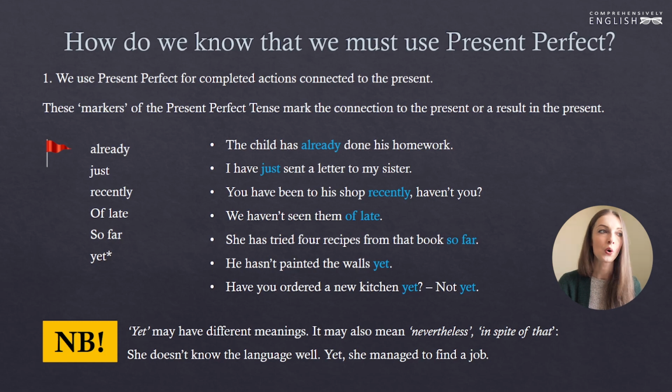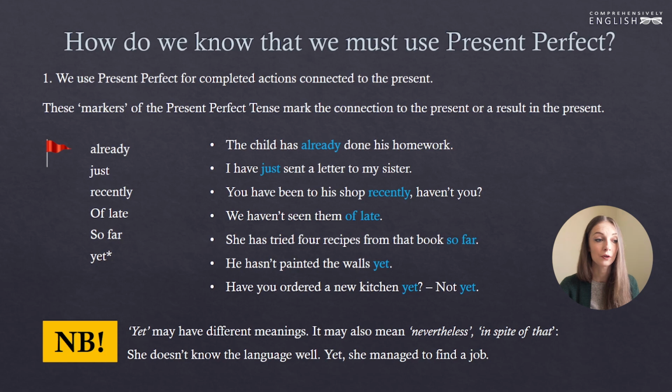How do we know that we must use the present perfect tense? So once again, it expresses completed actions connected to the present. Also, we have some markers that identify that this action is connected to the present. They are already, just, recently, of late, so far, and yet. Please note that yet may have different meanings.